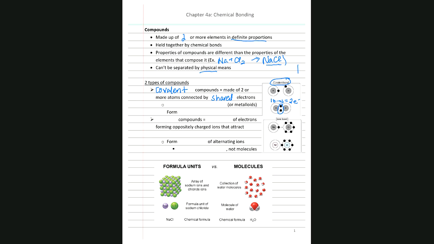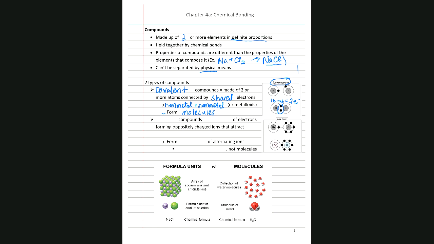So it occurs between a nonmetal and another nonmetal. Or also sometimes metalloids can get in on those. So it's two nonmetals that will get together and share electrons. Covalent compounds form molecules. All right, we call the individual units of covalent compounds molecules.